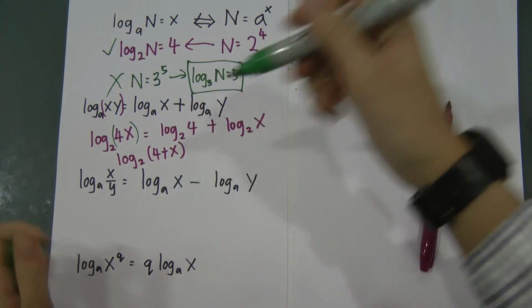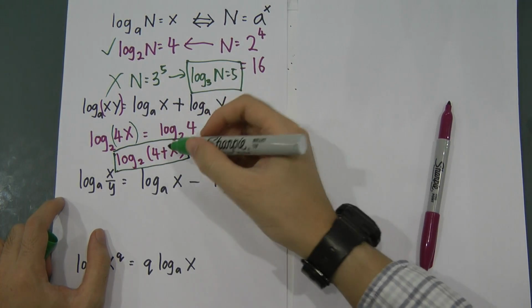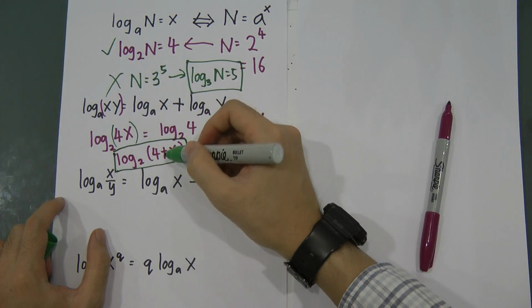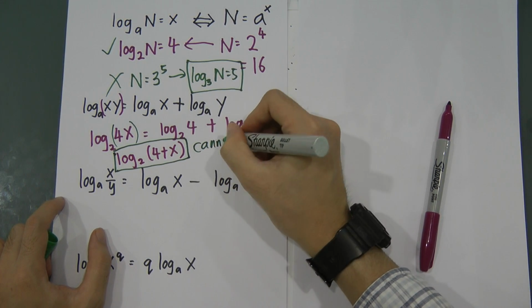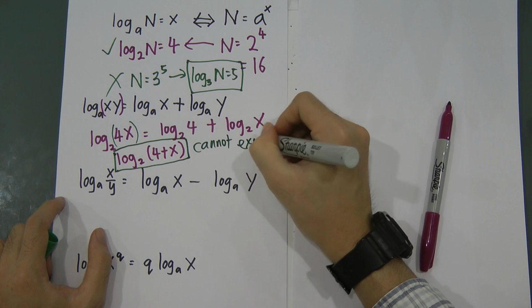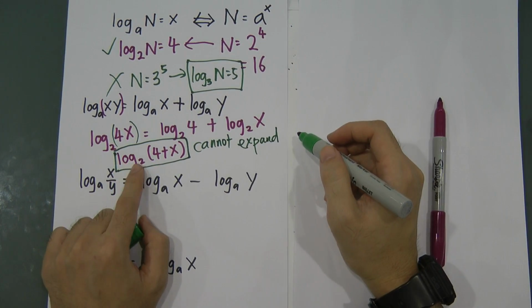So if you get something like this in your exam, when the inside of the log bracket is plus or minus, you cannot expand it. There is no way for you to expand.